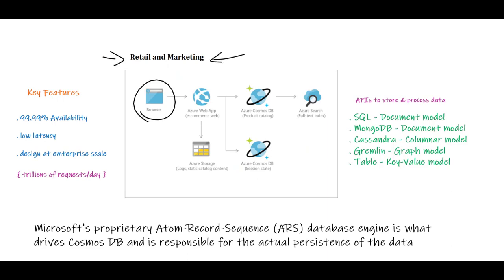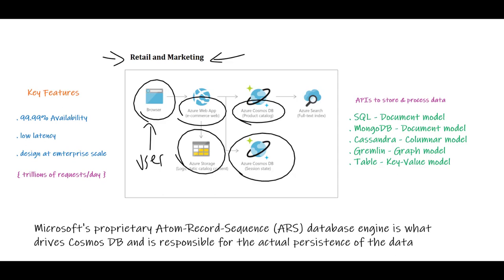So you have a browser, maybe this is where the user is coming from, that goes over to an Azure web app that feeds to Azure storage. Maybe logs are stored in there. From that web app, it can grab the product catalog from Azure Cosmos, and session state can be stored in Azure Cosmos, and then Azure Search can go off of Cosmos to get and find the data you're looking for.